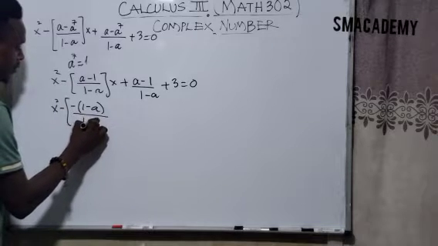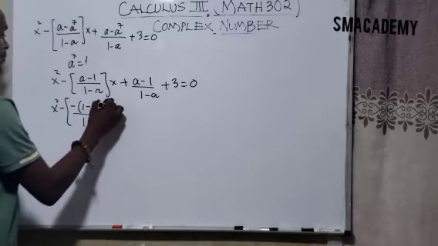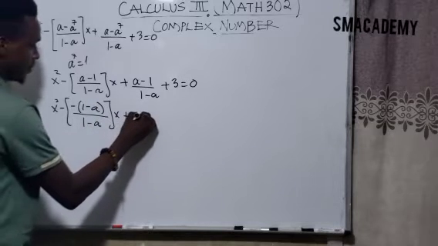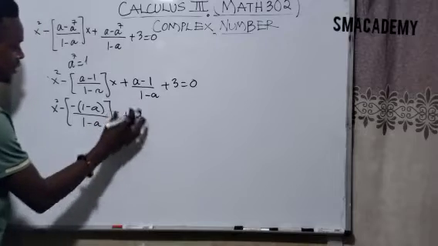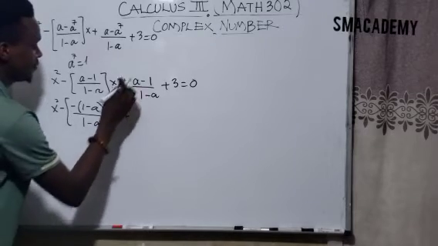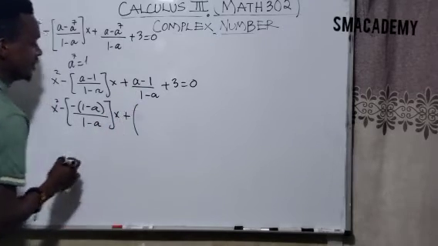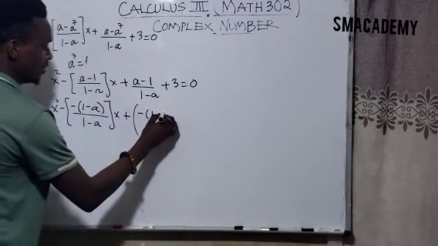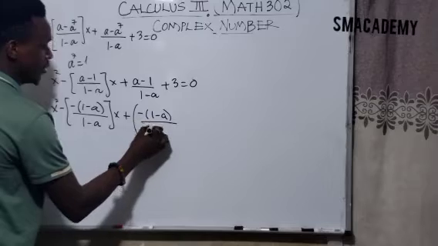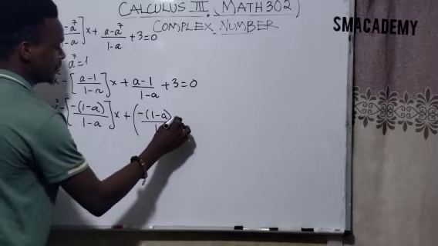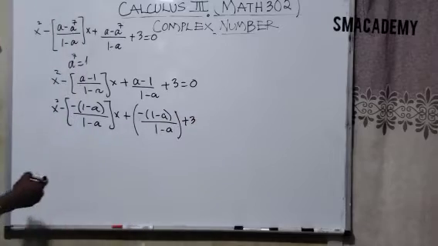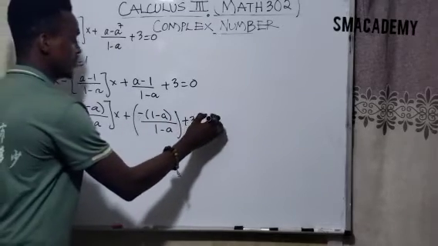All divided by 1 minus a, times x, plus the same thing on this side. So we have, the same way, minus (1 minus a) all divided by 1 minus a plus 3 is equal to 0.